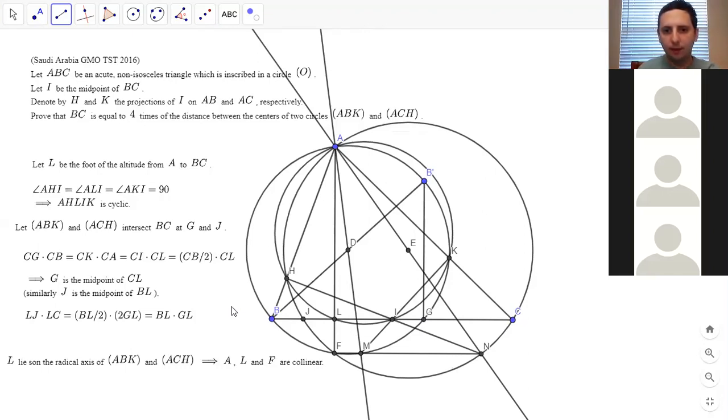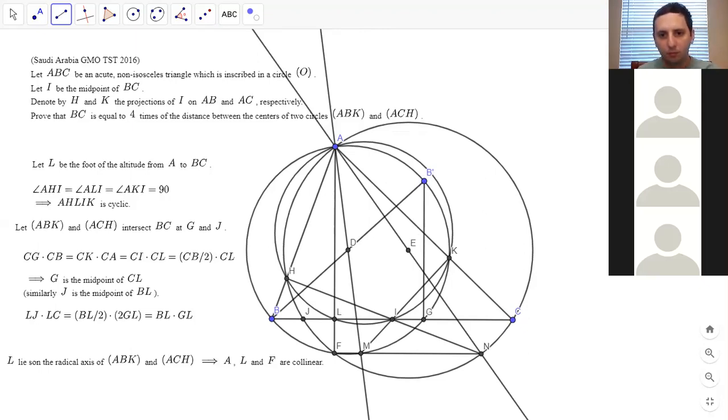So DE must be the midline of triangle BB prime G, which means EB prime must be equal to EG. So DE is the midline of BB prime G. Yeah, so the line DE is the midline of that triangle. So EB prime is equal to EG.